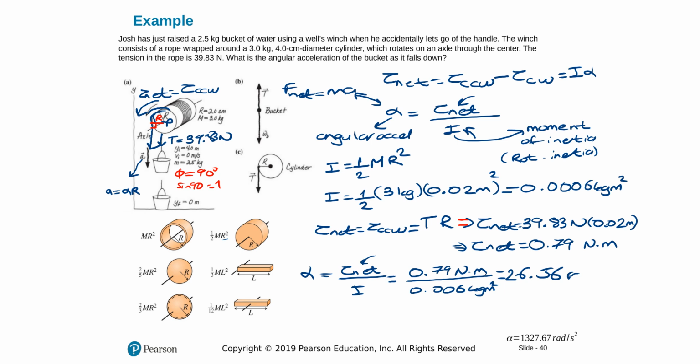That will be rad per second squared. The unit for alpha is rad per second squared. That's it.